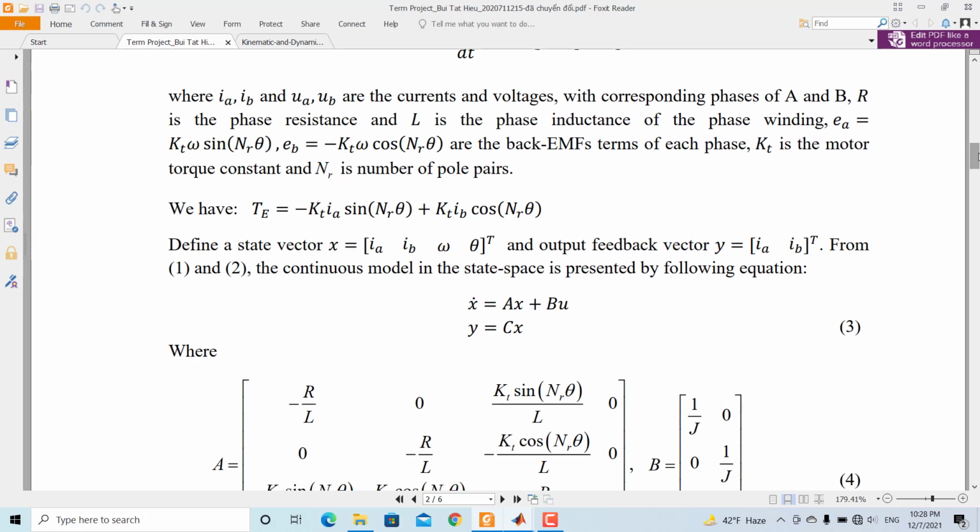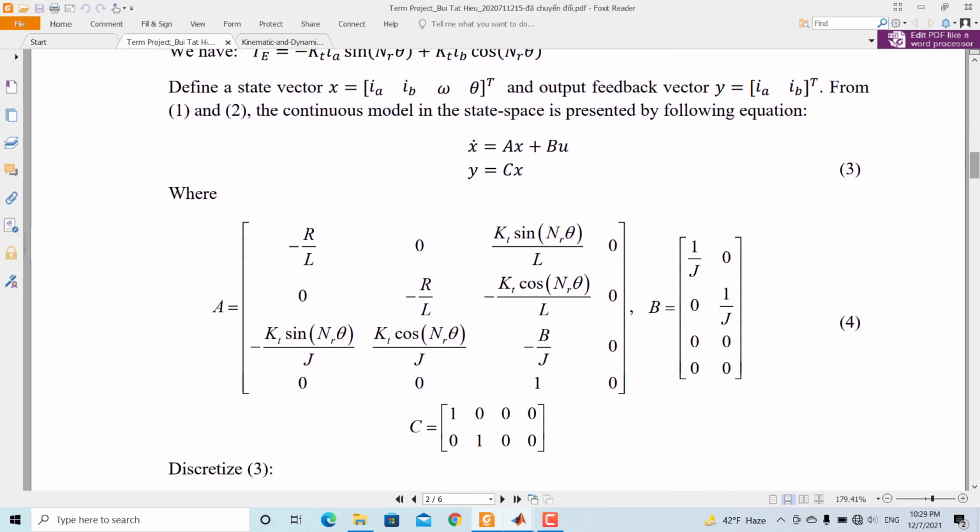And we define a state vector including the current, position, and velocity from equation 1 and equation 2. The continuous model in the state space is represented by the following equation 3. And matrices A, B, and C I list here.